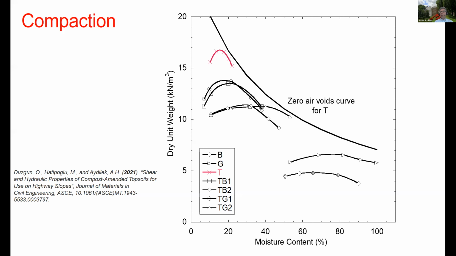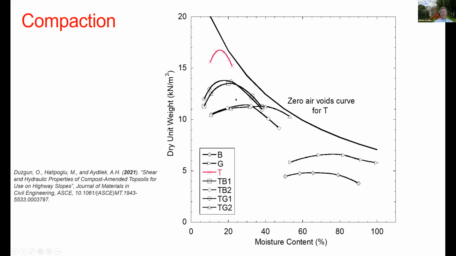And all the way at the bottom, you can see these two. I'm not sure if you can see my cursor. Here, the ones at the bottom are the green waste, as well as biosolids compost. And somewhere in between, you can see the blends.